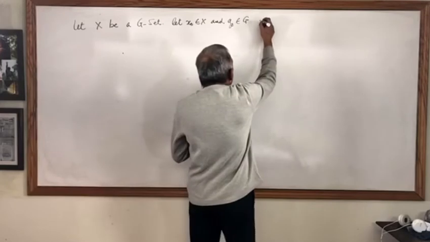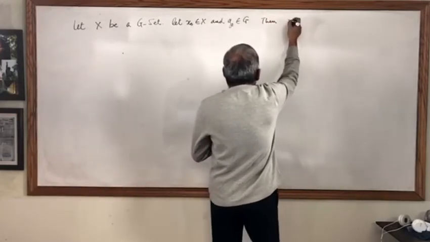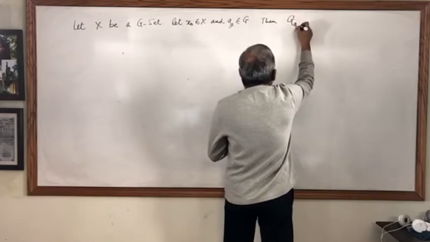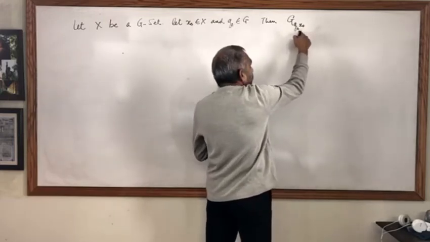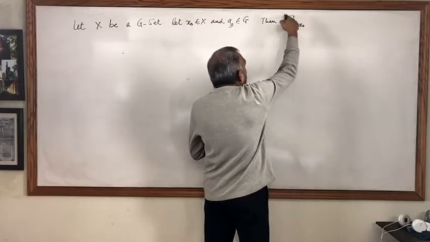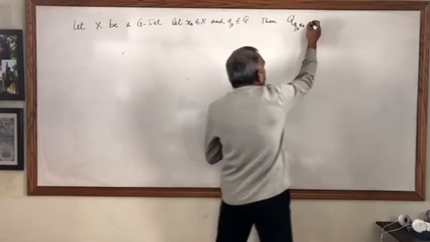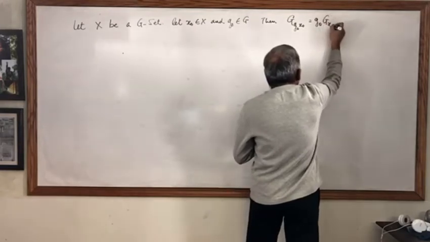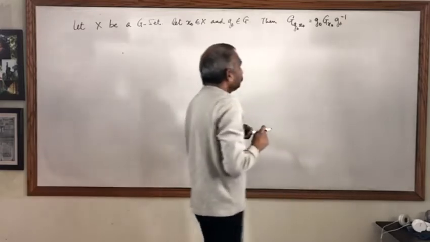Then the isotropy group of g0 x0, which is an element in X, this is an isotropy subgroup containing this element, and that is equal to g0 G_x0 g0 inverse.